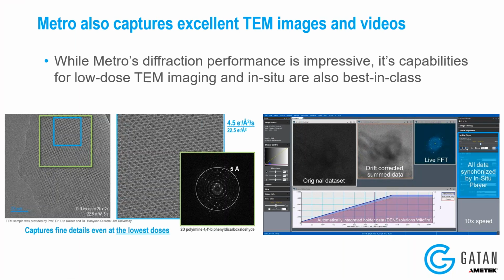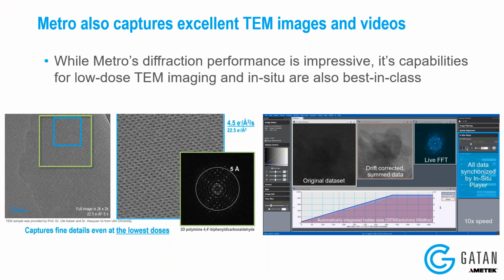The one last thing that I want to do before we go to answering questions is I just want to point out, I talked in this presentation all about diffraction, right? So all of the Metro data that I showed were diffraction patterns or 4D STEM. But while the diffraction performance is impressive, the capabilities of Metro for low-dose TEM imaging and for in situ TEM imaging are also best in class.